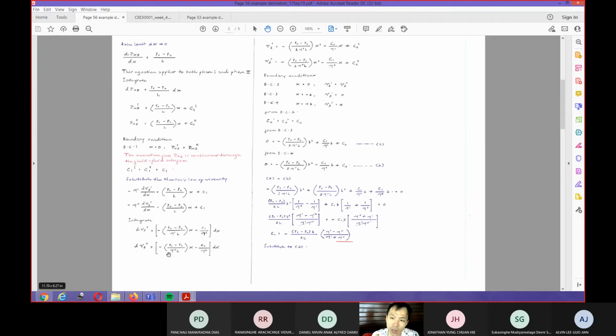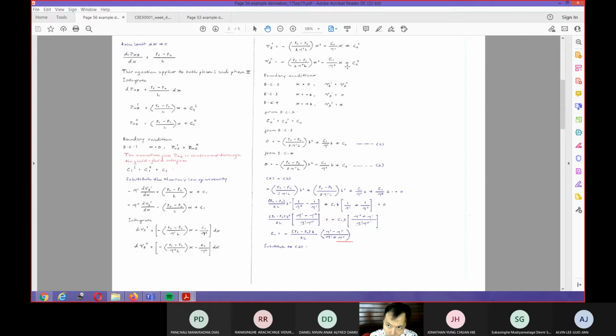Okay, then once you integrate in here, you will get this, and then of course for the first liquid phase you will have another constant, whereas for the second phase you will have a velocity profile with a different constant, right?